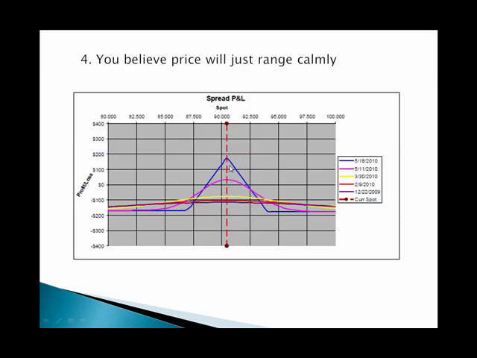If we looked at a Forex price chart right now, we would just see this sort of sideways range of price chopping up and down, and you believe that it will continue chopping up and down between around 88 and 91.